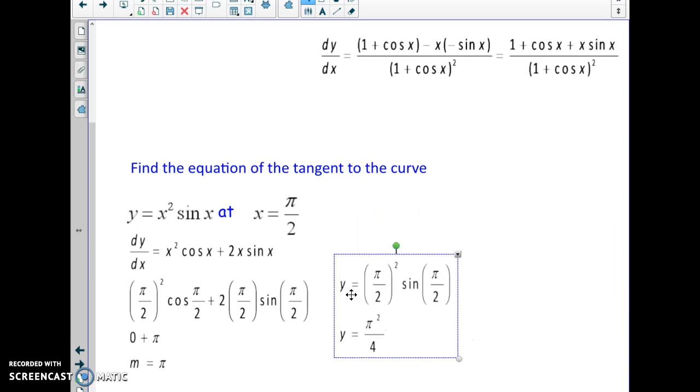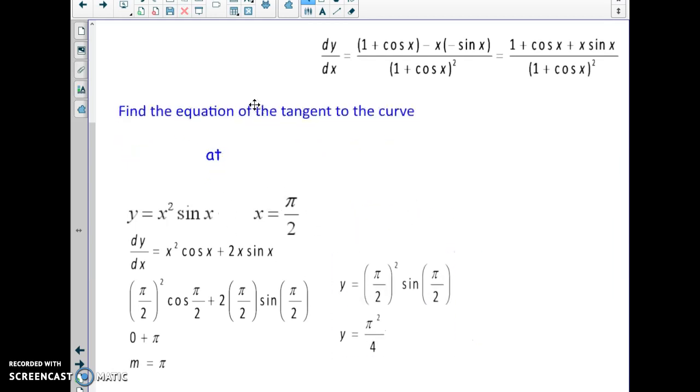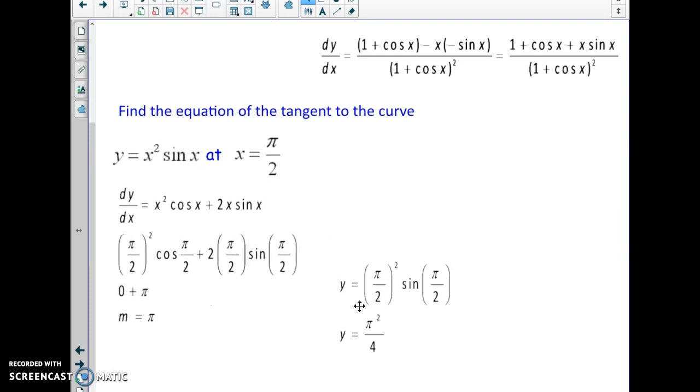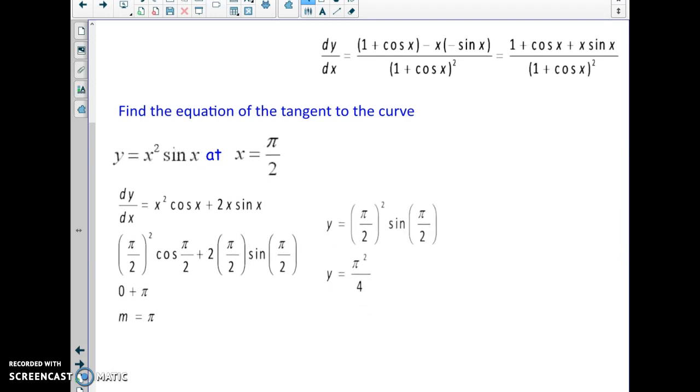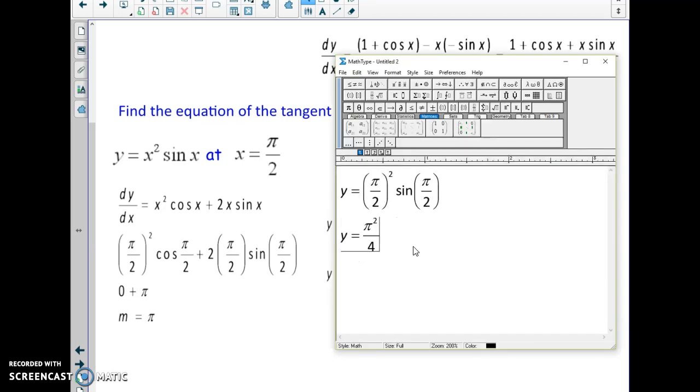So then finally, my last step here, let's move this stuff out of the way, is to write the equation of the line. So the equation of the line will be y minus pi squared over 4 equals pi times the quantity x minus pi over 2. So I'm going to type that up.